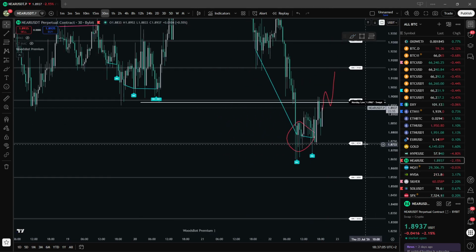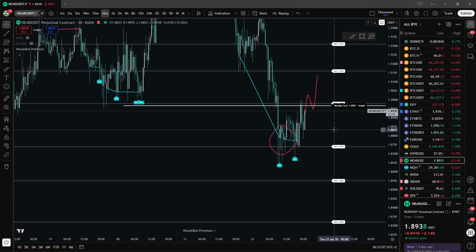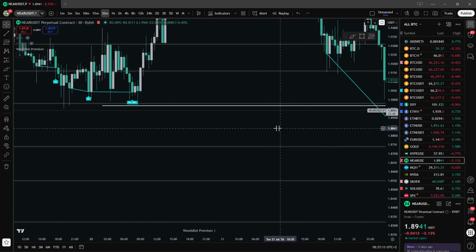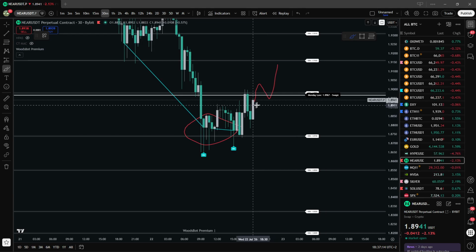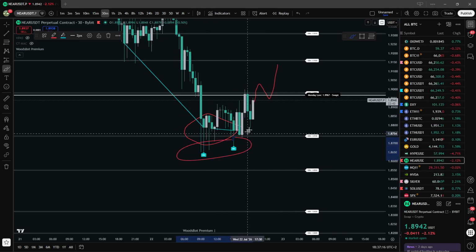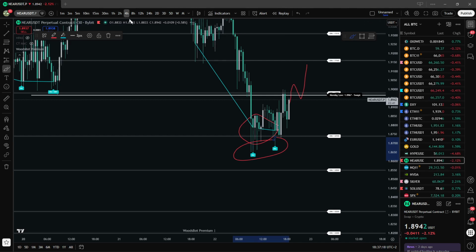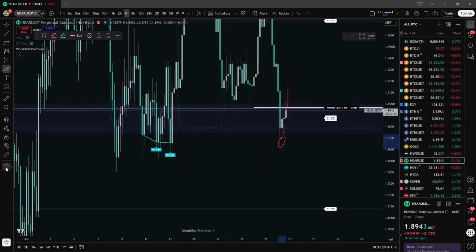There might be a wick under this, but you can play it manually. But if price action closes below these wicks, this is bearish. I don't think there's a need for your stop loss to be so far away.